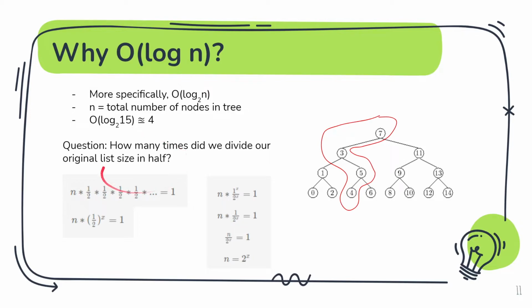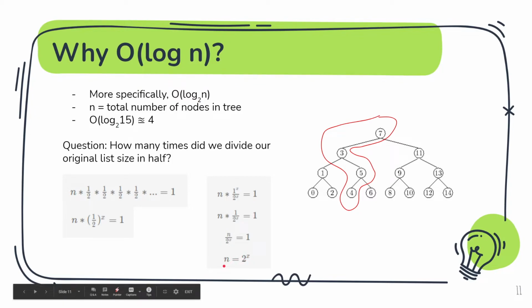When we look here, we can see this as a mathematical equation. We can see that n is being divided up however many times in order to get to a list size of 1, essentially meaning that we found our target node. So this can be represented as n times 1 over 2 to the power of x. We multiply this in, and then do some algebra to rearrange it to see that the number of nodes equals 2 to the power of x.